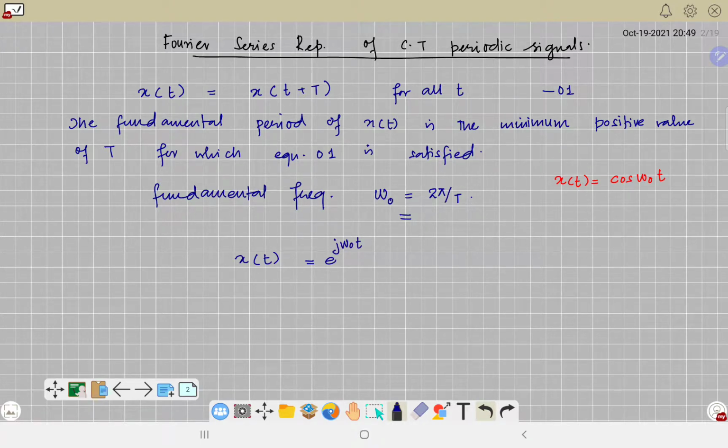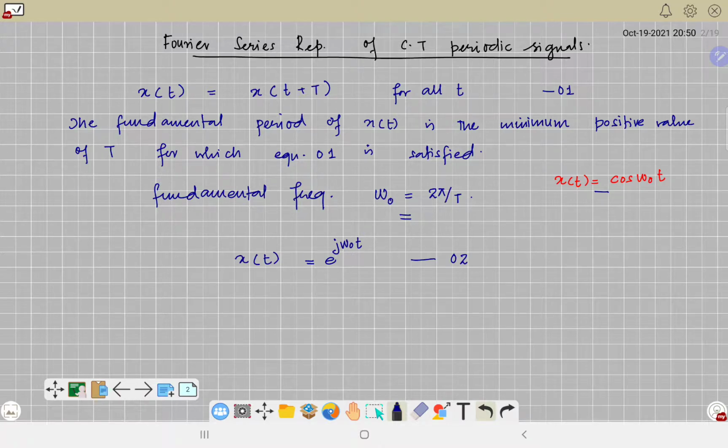This is a complex exponential signal. Fine. Now both these signals, let's call it 2, are periodic, obviously, because it's the continuous time domain. In the discrete time domain we have to look for a particular condition, but right now this is the continuous time domain. So both these signals are periodic and have a fundamental frequency omega naught, which is equivalent to 2 pi by T.